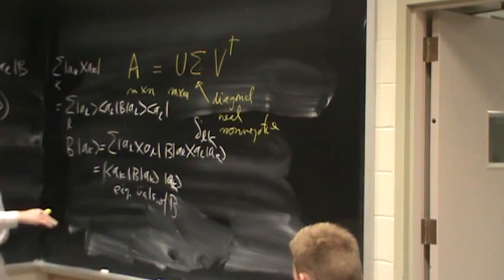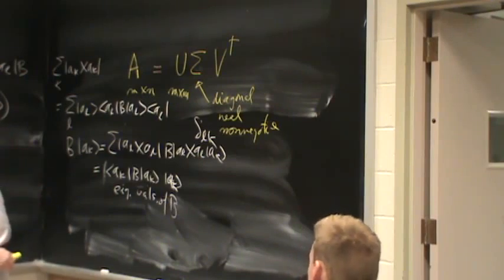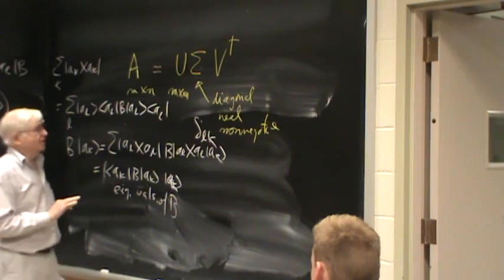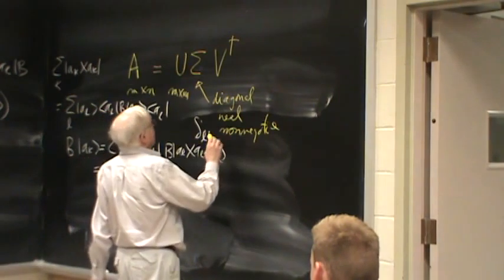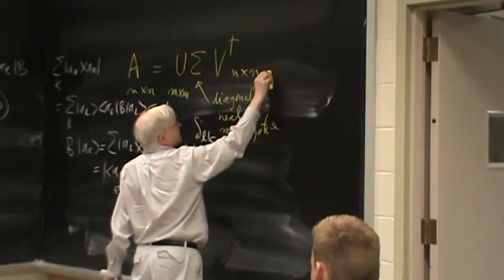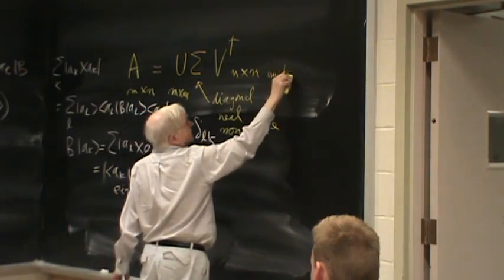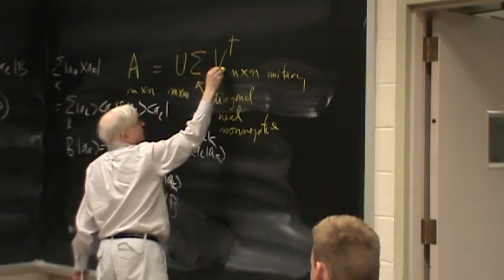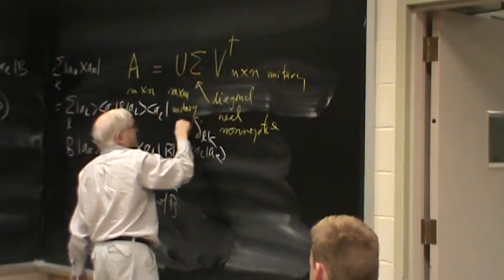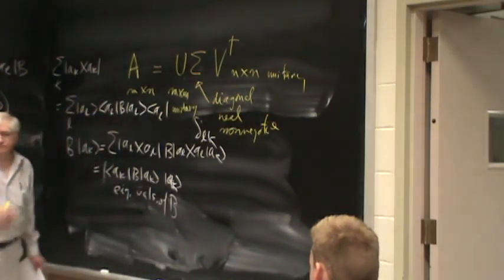But on that main diagonal, the numbers are real and either positive or zero, and all the off-diagonal elements of sigma are zero. And V is n by n and unitary. So U and V are both unitary.